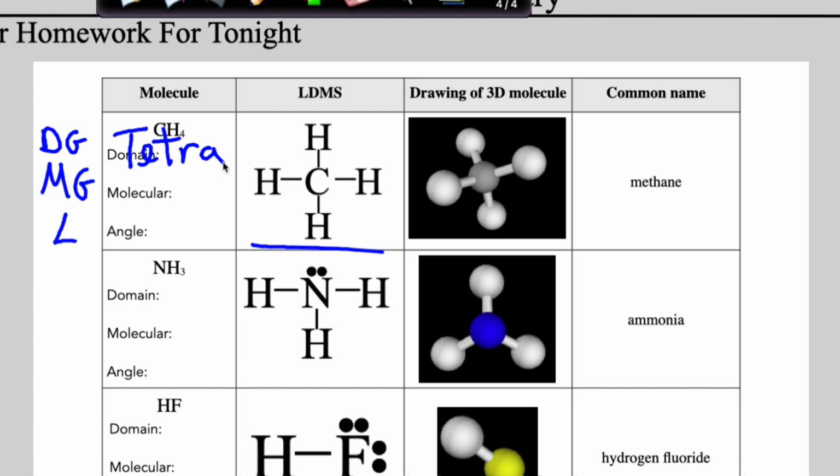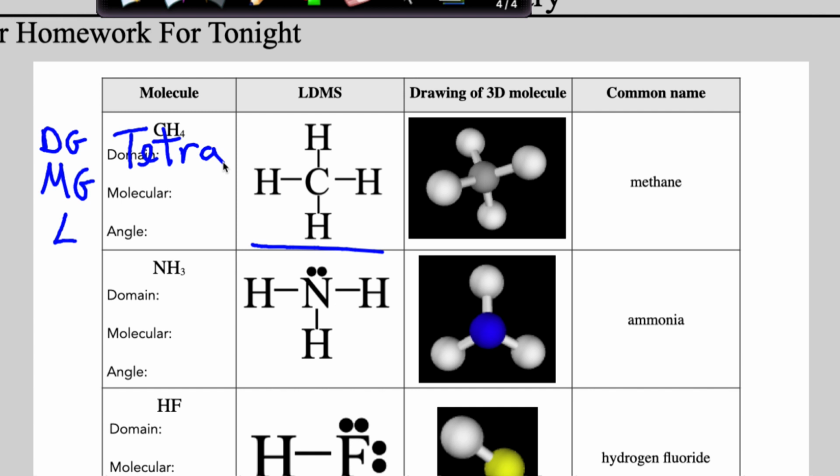So now, guys, the next question that you ask yourself is this. How many of those 4 domains are bonding domains? And guys, it is 4, but there's a better way to think of it. The better way to think of it is this. All of them.